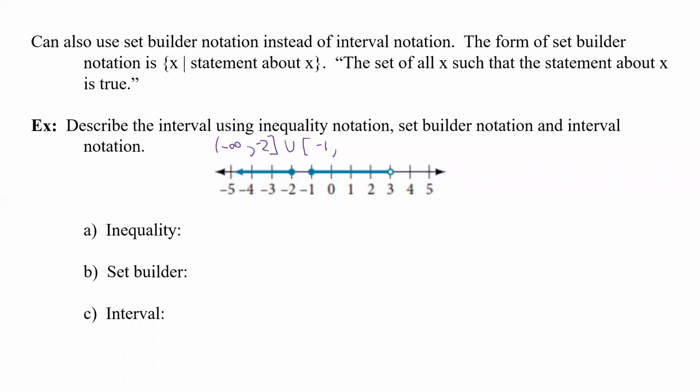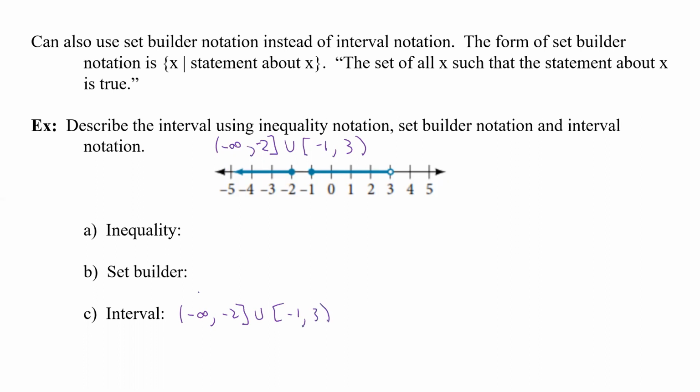I don't think so, but it was supposed to be there. And then from -1 up to 3, but it's going to be a parenthesis because we have an open circle, okay? Now, when I wrote it this way, that is our interval notation. So this is what we would normally start with, what usually I would do.